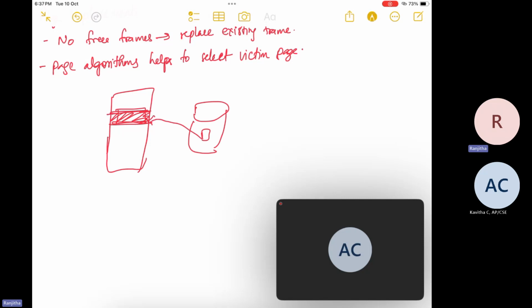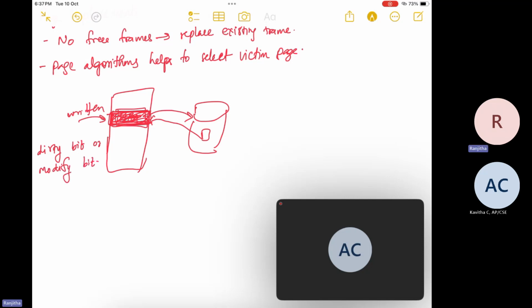If the process which was using this page had written to this page, then we need to write back this page and then bring in the new page. To identify whether we need to write back this victim page or not, we use what is known as a modify bit or a dirty bit.